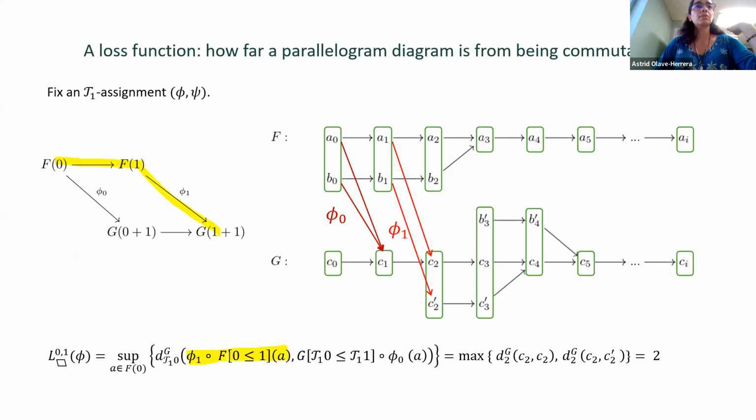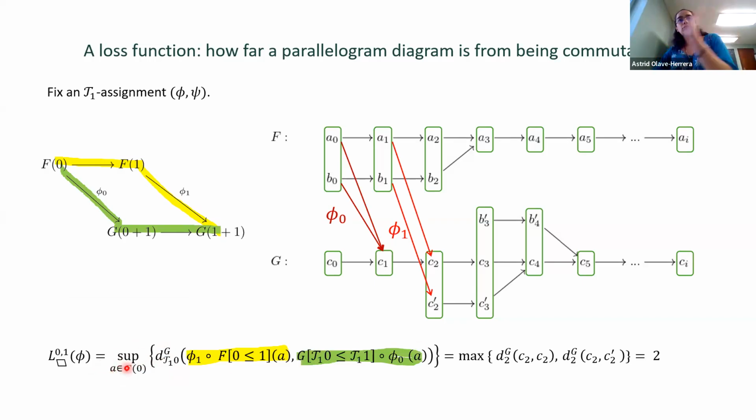I'm taking one element, let's call it A, inside F of 0, and I'm seeing the image exactly at D2, but on the upper path. But I can do the same on the lower path, in green. That's gonna give me a different element, not necessarily the same. But if they're different, I can take the distance. Now I can take all those distances and take the sum over all the elements.